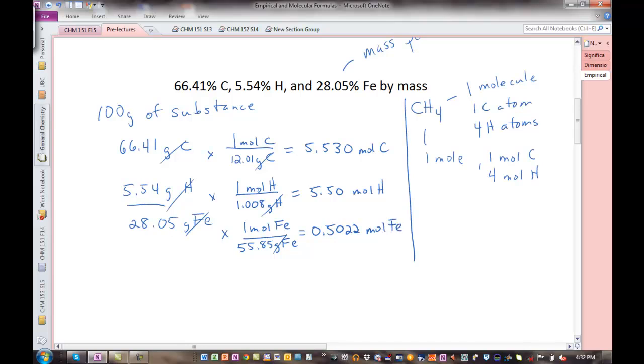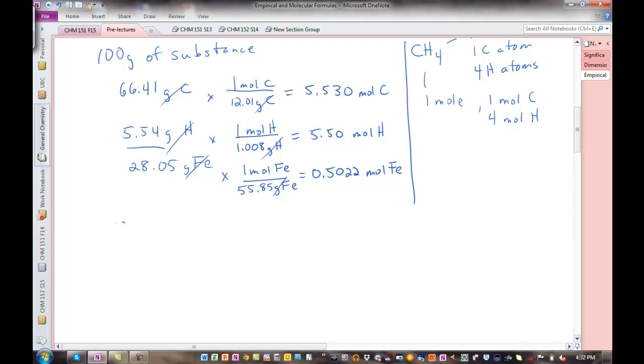All right. So that is the mole ratio in which these elements combine to form this compound. So we can write a formula from those numbers. It's not a formula that we would normally see, but this actually would be a correct representation of how they combine in terms of moles.